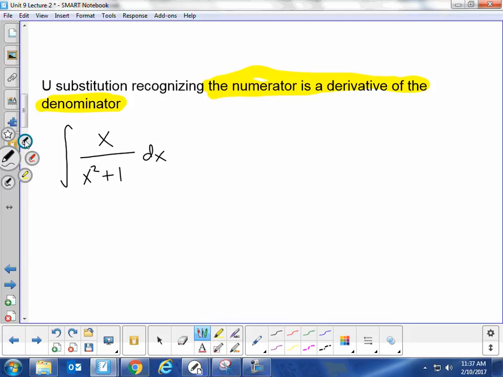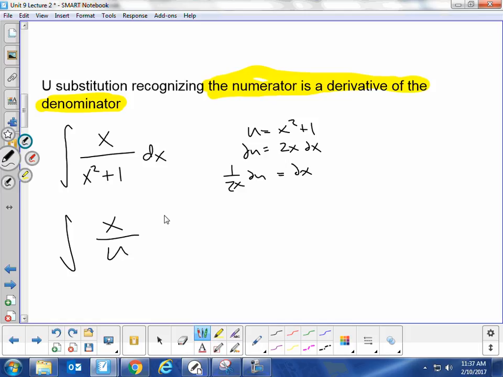Okay, let me show you. Set u equal to x squared plus 1. Go ahead and do the steps that you normally do. You have 1/2 times 1 over u du.